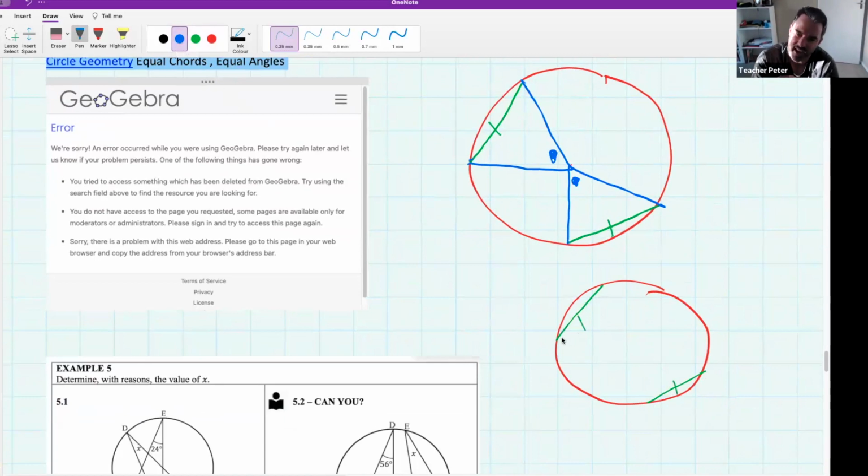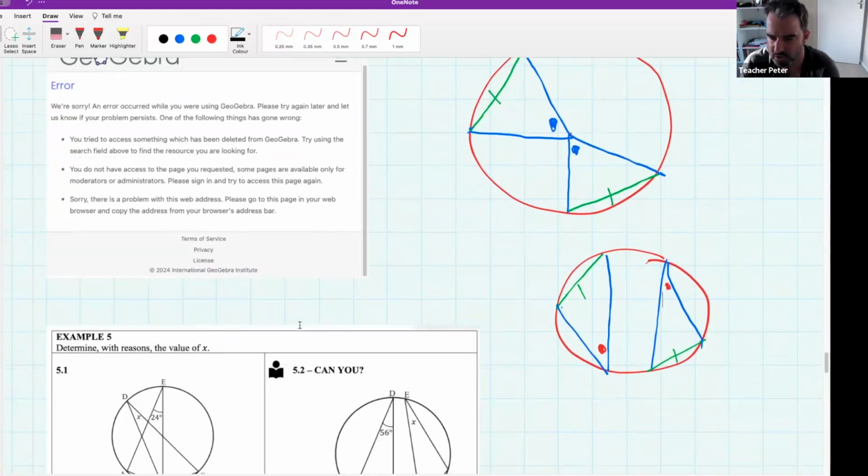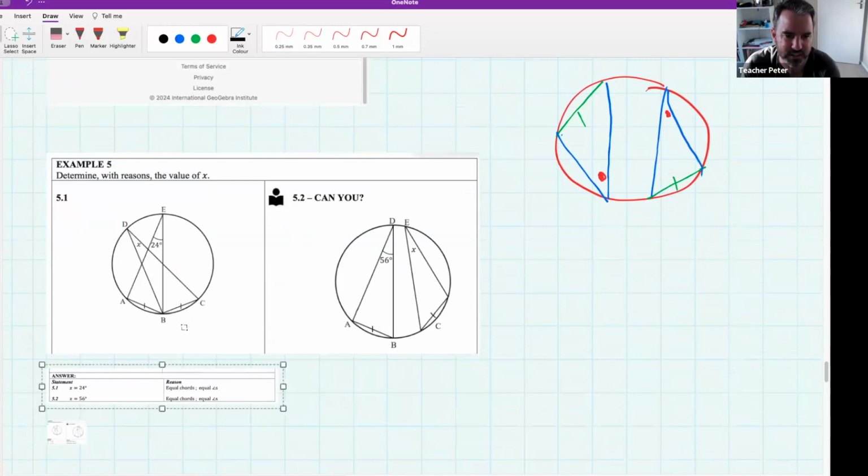If they make angles at the circumference, so let's say this one goes here and that one goes up here, then, using a different dot, equal chords subtend equal angles at the circumference. And so that is another fact about circles in the center we want to start to think about. And I just want to finish with these two questions to let you get familiar with that.